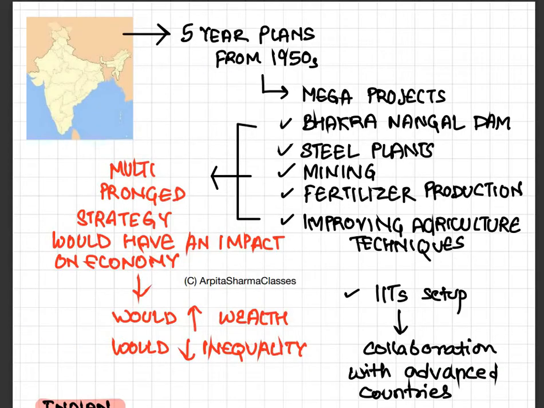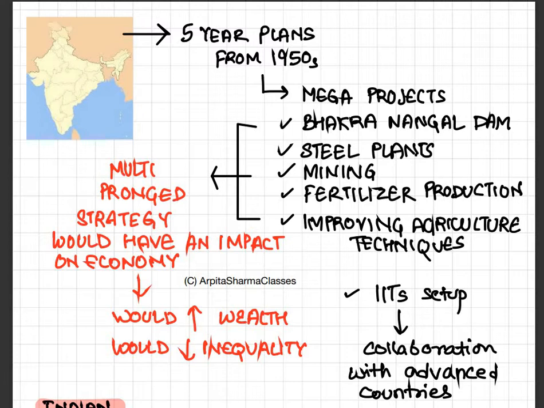For example, in India also, after we got independence from 1950s, India started framing 5-year plans. These 5-year plans are an example of narrow definition of development. ये जो 5-year plans है, ये narrow definition में आता है development के, because here you are thinking in terms of only economic growth, right?